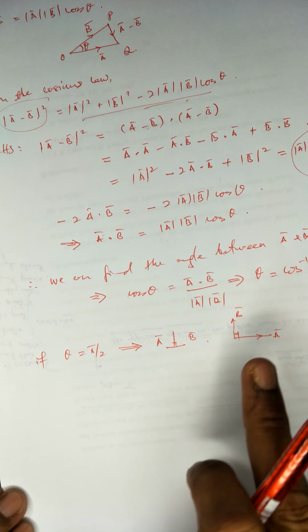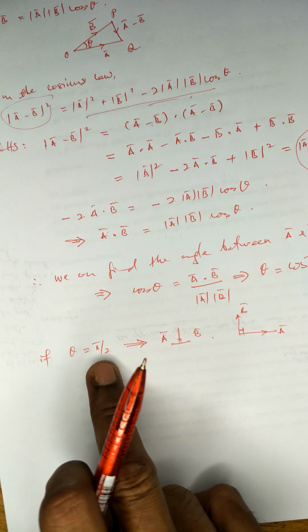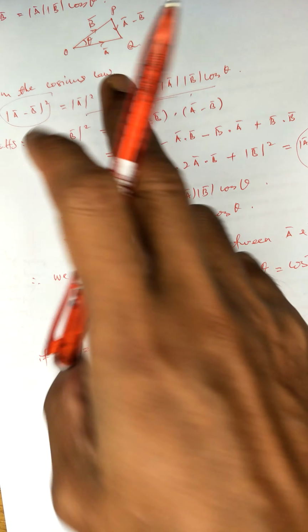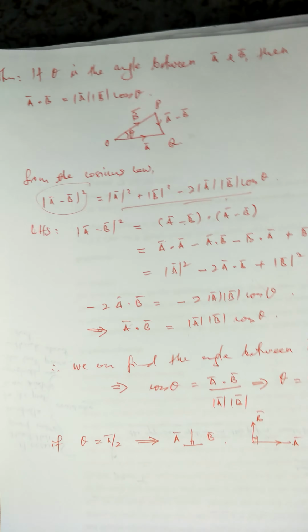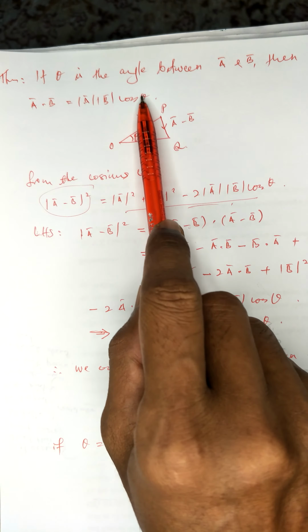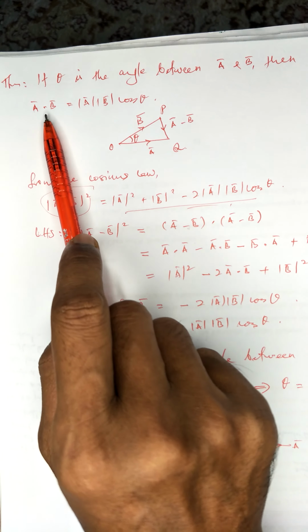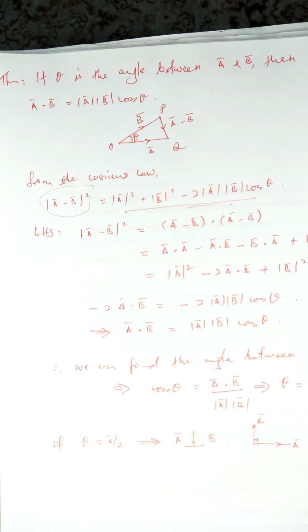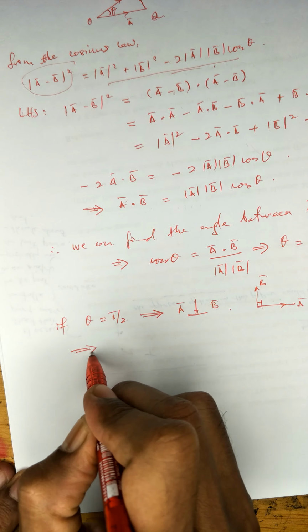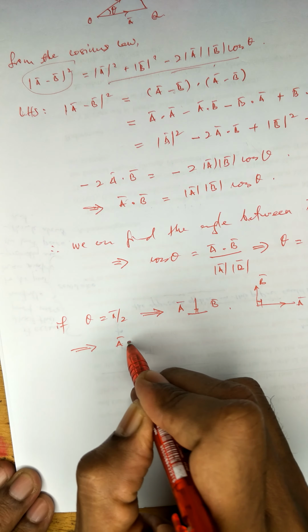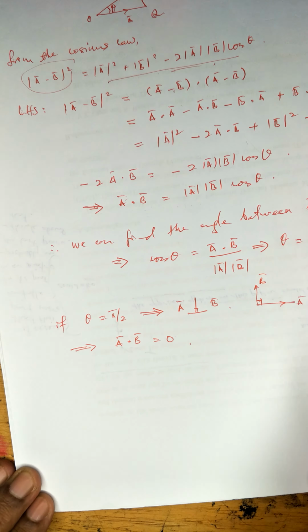So for that case, if you substitute theta pi over 2 into the theorem, cos of pi over 2 is 0. So what we have is a dot b is equal to 0.